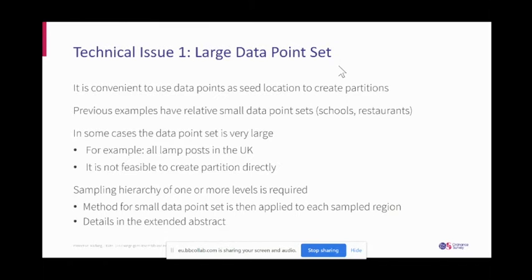For example, if you want to deal with all the lampposts in the UK, that is multi-million, so it is not feasible to create a partition directly. In that case, we need a sample hierarchy of one or more levels, and then apply the method for small data point sets to each of the sampled regions. More details can be found in our abstract.